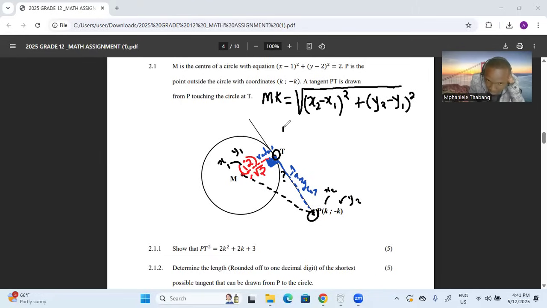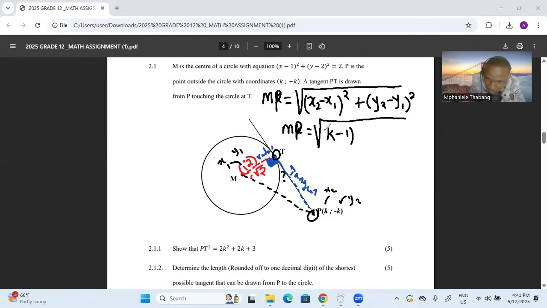So I'm going to say MP, I'm referring to the distance from M to P, equals the square root of, how much is my x2? It's K. So K minus my x1, which is 1.